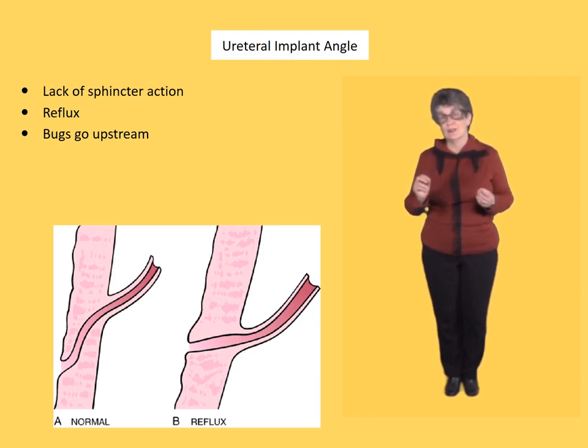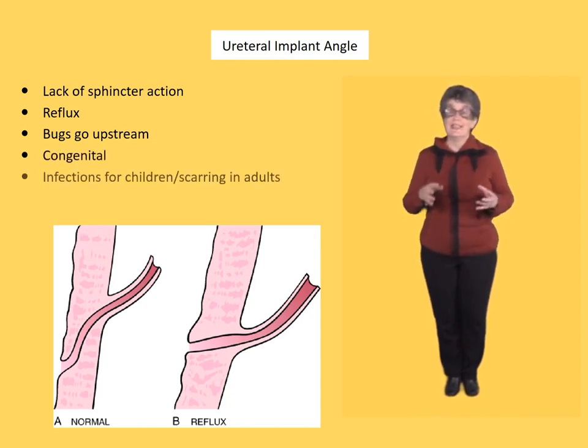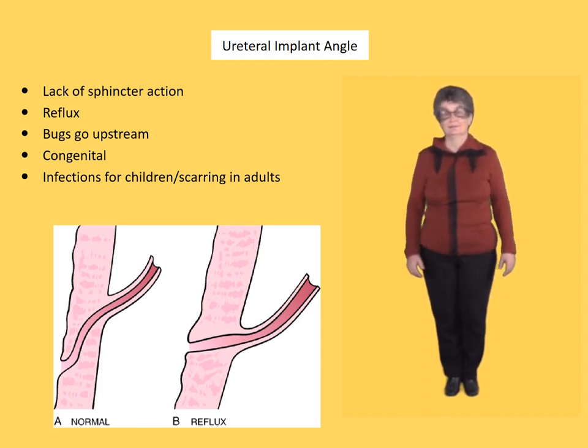The bugs involved are E. coli, typical urinary tract infection bugs. It's kids who are much more prone to reflux. They have a thinner bladder wall. They're diagnosed by urinary tract infections in children, which almost always get investigated for the possibility of reflux.